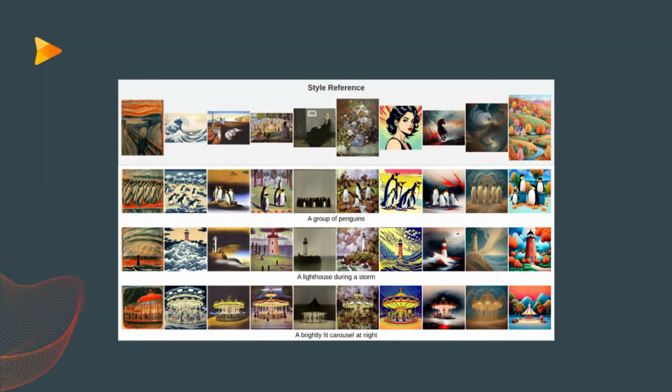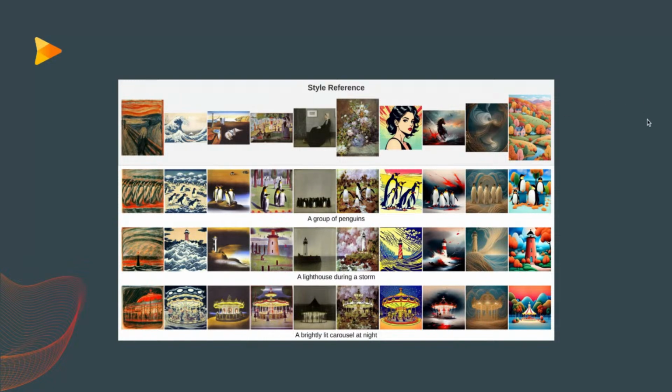And we can see in our result, we cannot see the face, and it's still aligned with the prompt, whether it's for a penguin or a lighthouse or any others. We keep the diversity of the model and it can generalize to diverse contexts.